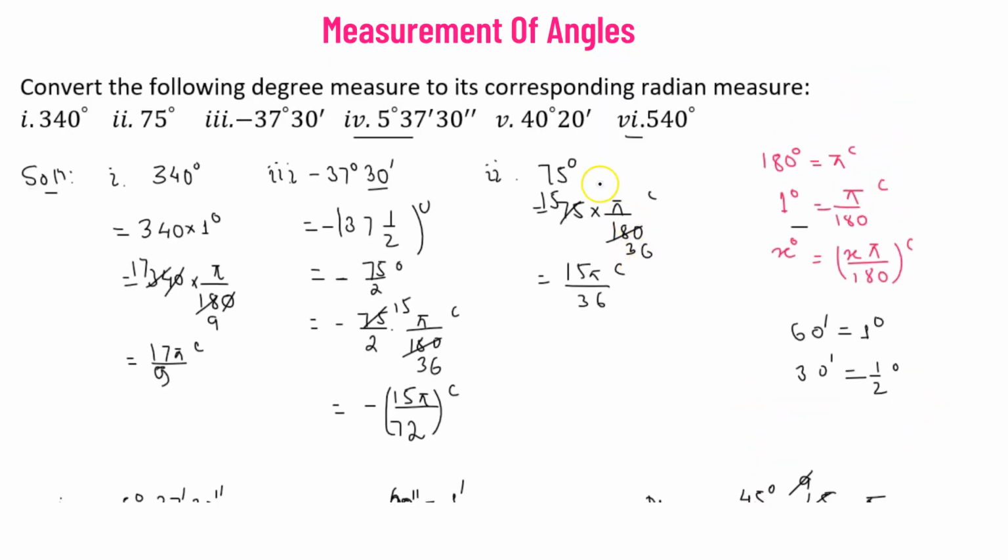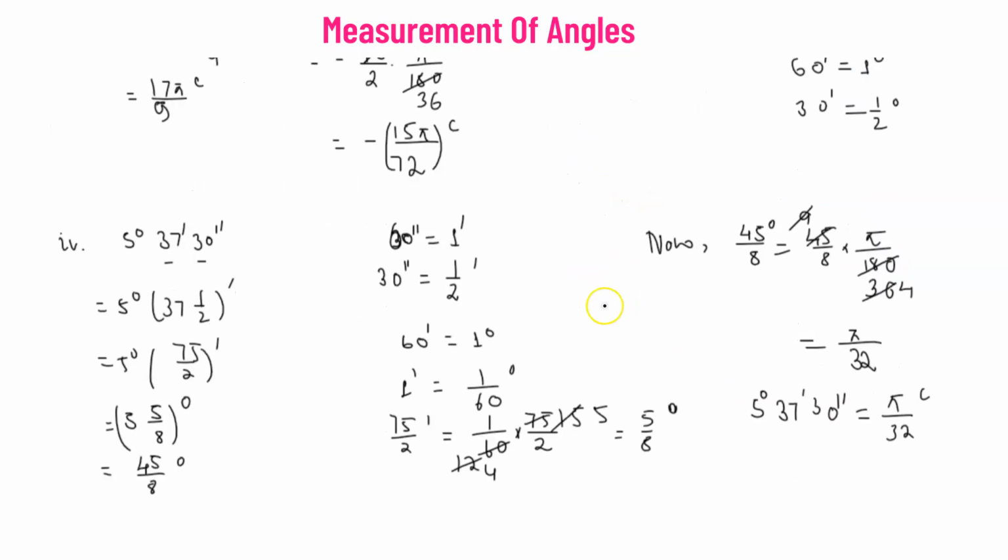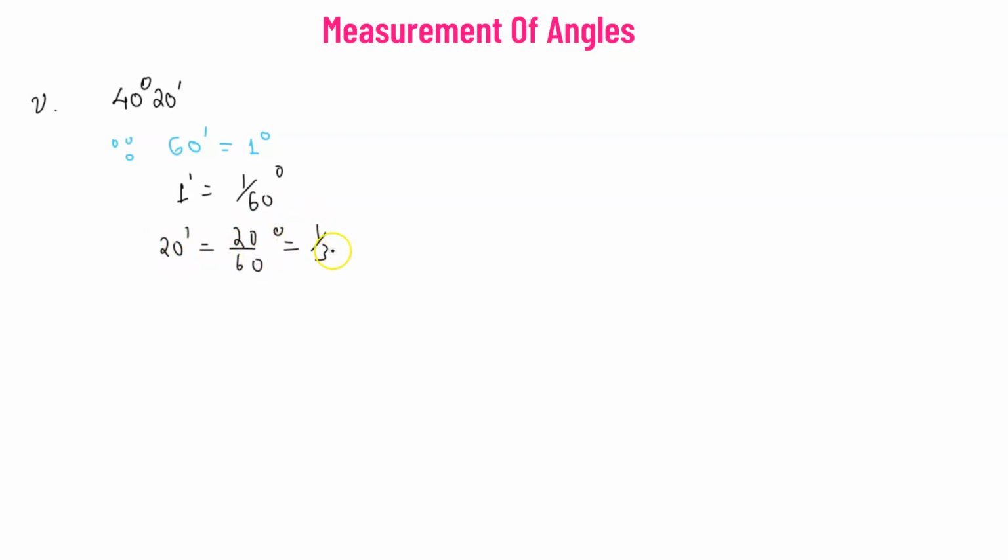In the fifth one, we have 40 degrees and 20 minutes. Now we are going to use the fact that 60 minutes corresponds to 1 degree, which means that 1 minute will be 1 over 60 degrees, and 20 minutes is going to be 20 over 60 degrees, which is nothing but 1/3 degrees.